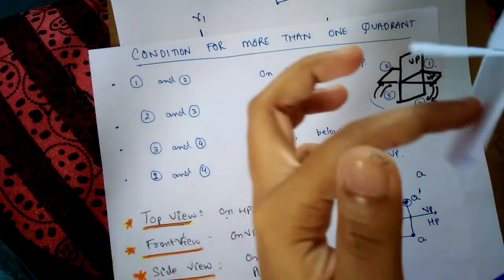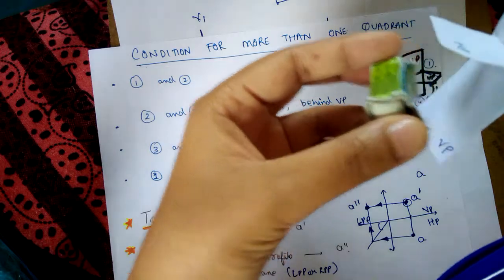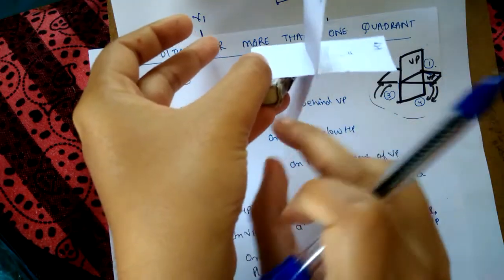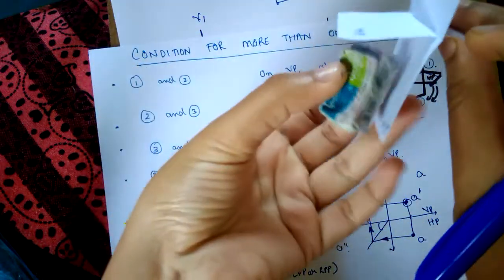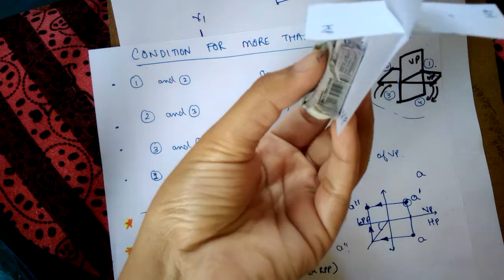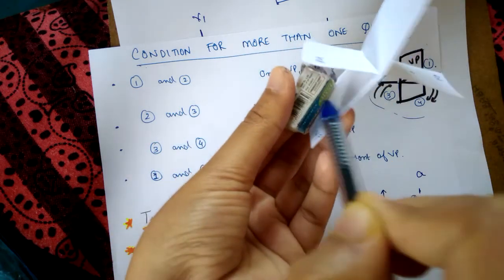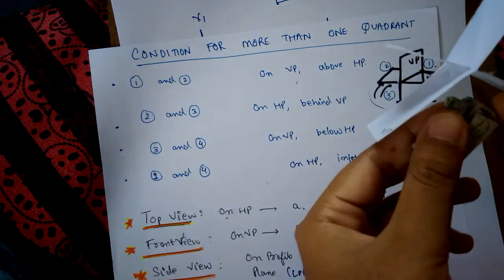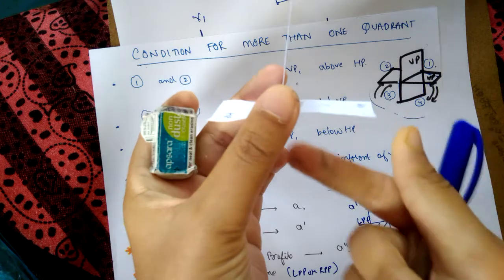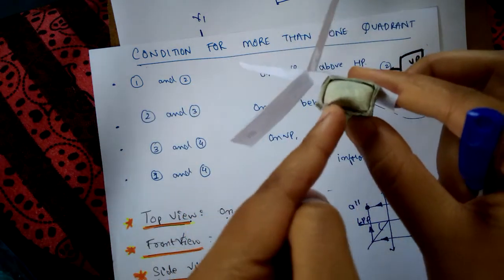But for the third and the fourth quadrant, if you place the object here, it will be below HP, in front of VP. On HP, on VP, below HP, or it can be in between in the space, that is below HP, in front of VP. Same for the fourth quadrant, it will not be above HP, it will be below HP. It will not be on HP, it will be below HP.